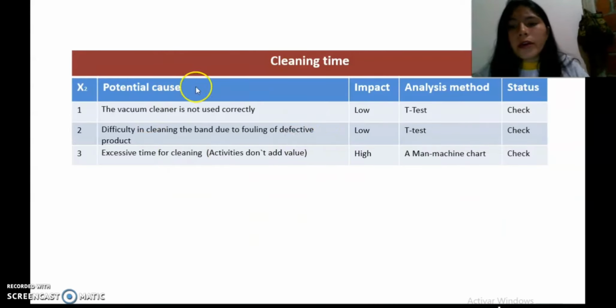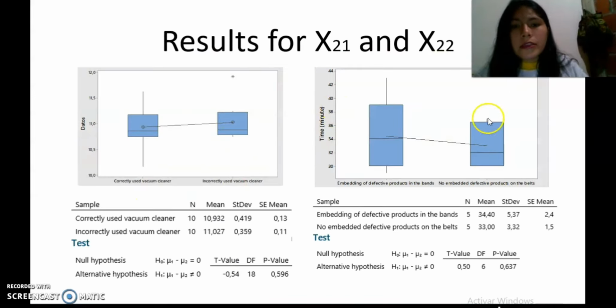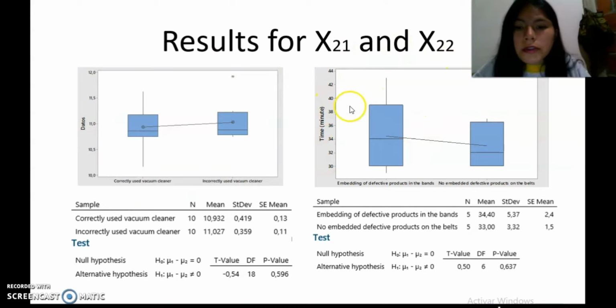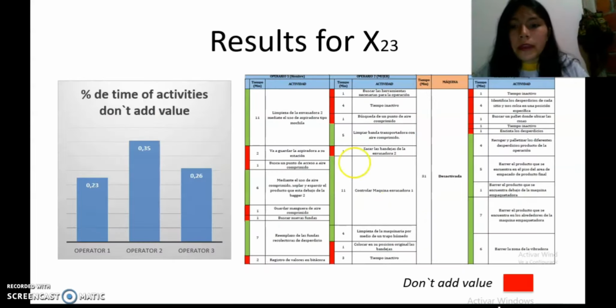In cleaning time, we have 3 causes. For these first 2 causes, a t-test was made where the p-value for both variables is greater than 0.05. That means these variables are insignificant for the cleaning time.